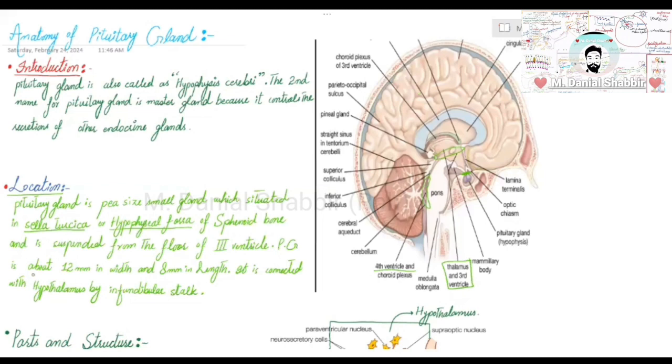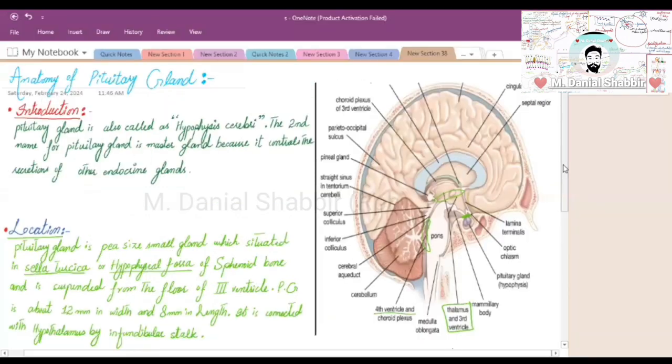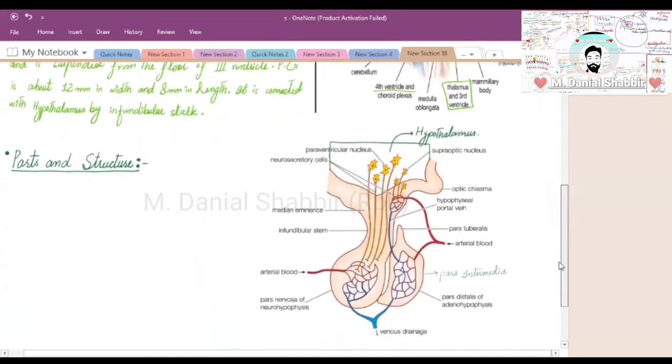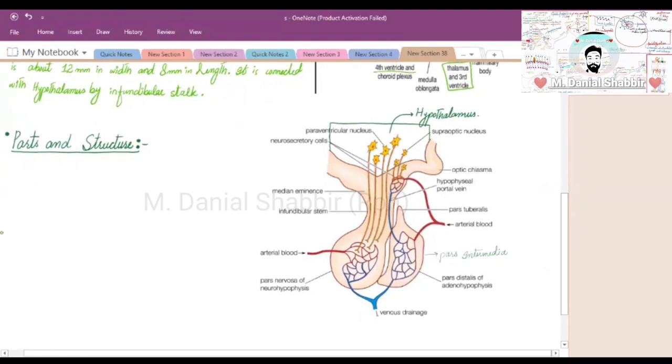Okay, so this is all about the location of the pituitary gland. Now come to the next point, that is the parts and structure of the pituitary gland.